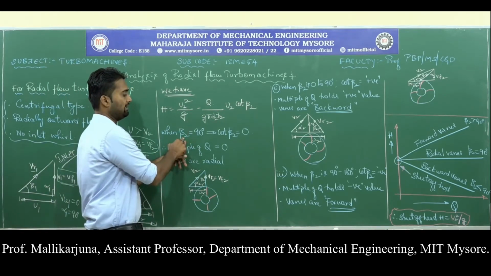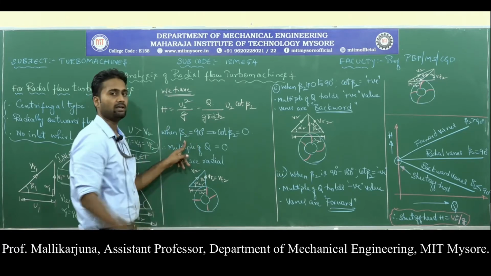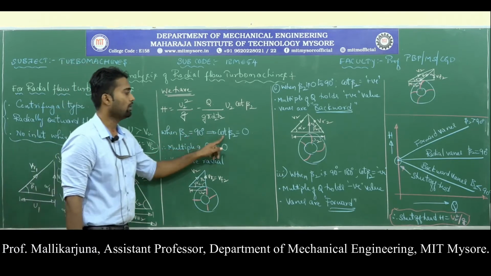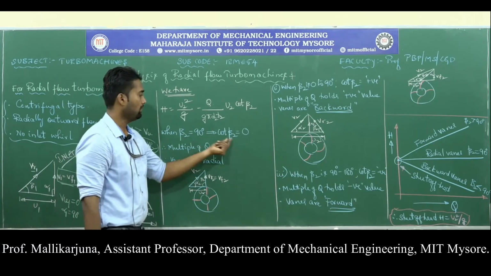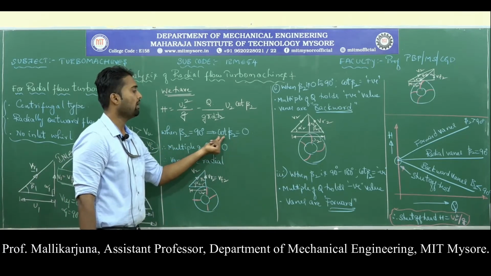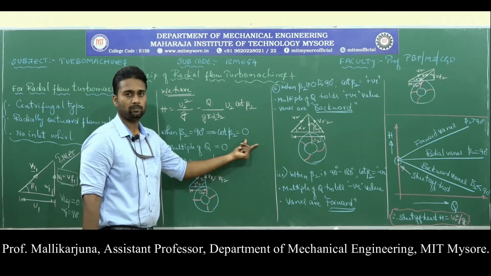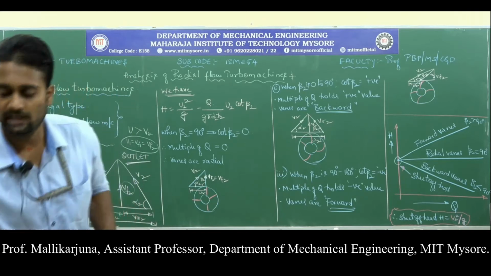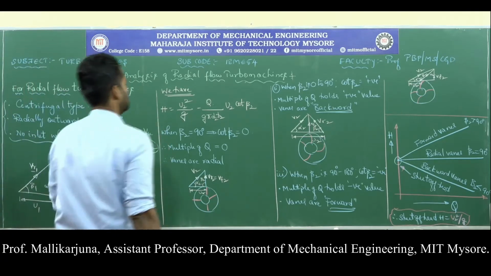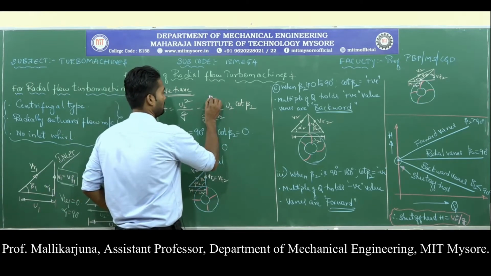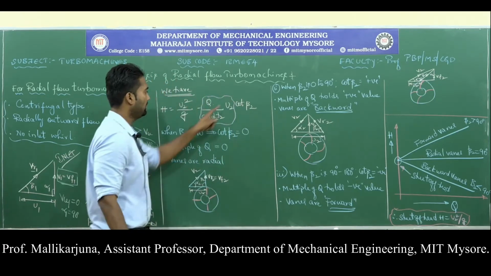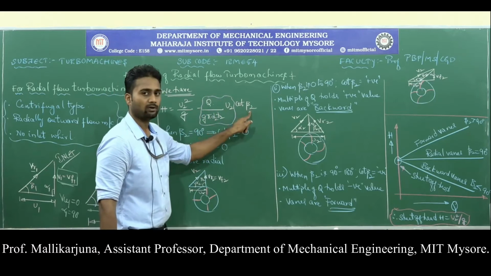If the blade angle at the outlet beta 2 is 90 degree, if it is perpendicular, then what will be the value of cot beta 2? If beta 2 becomes 90 degree, cot 90 is equal to 0. Now, let us look into the term. I will keep beta 2 on one side. This term is a multiple of beta 2.